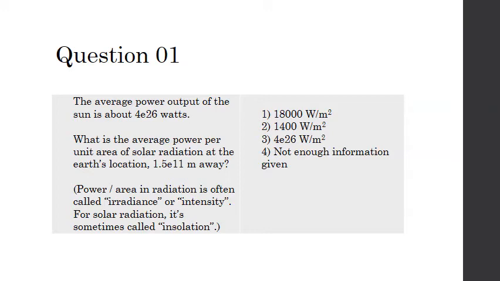So we have the average power output of the sun, and what they want is the average power output per unit area for the solar radiation at Earth's location, which we know is 1.5 times 10 to the 11 meters away. And again, it gives you some other ways of looking at power divided by area, radiance, or intensity it's referred to.